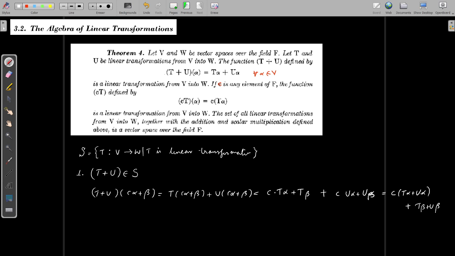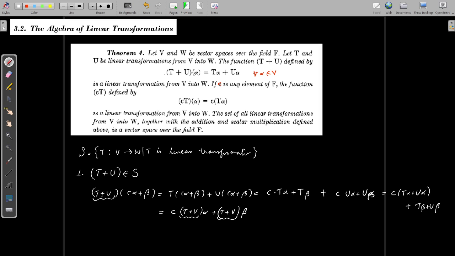By definition, that is T plus U of alpha. Similarly, T beta plus U beta is T plus U of beta. So this takes the form C times T plus U of alpha plus T plus U of beta. This shows that T plus U is a linear transformation as it satisfies the condition for linear transformation. So axiom 1 is proved, so the closure property holds.